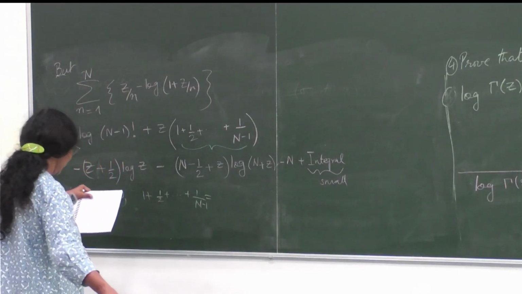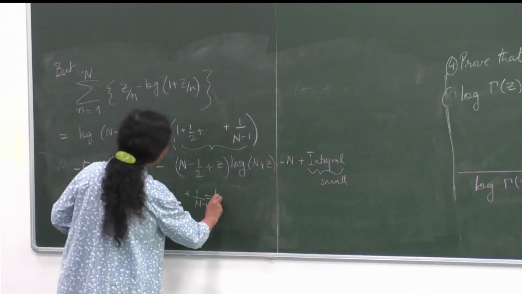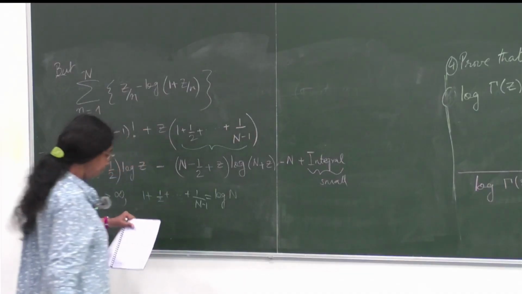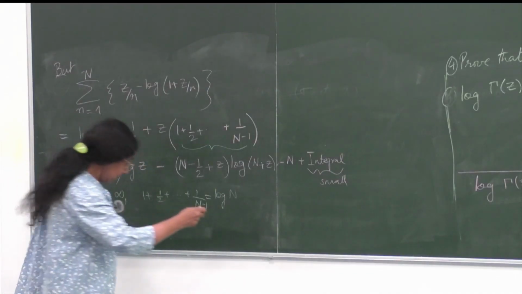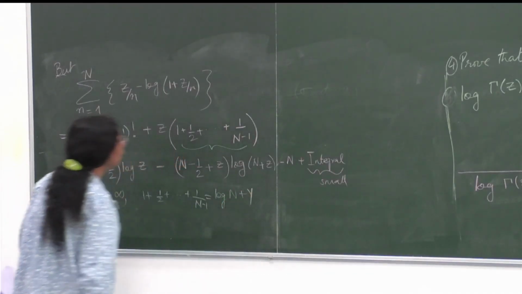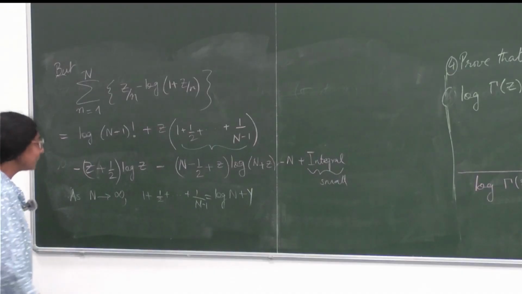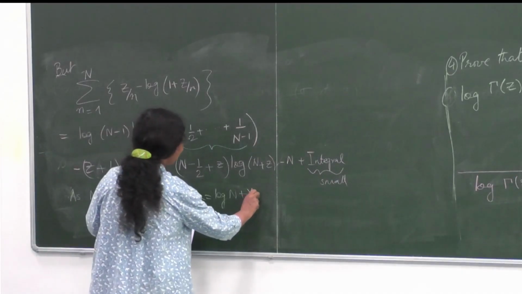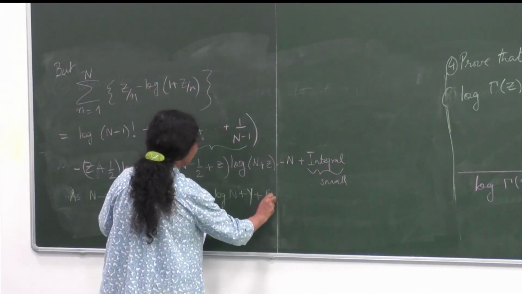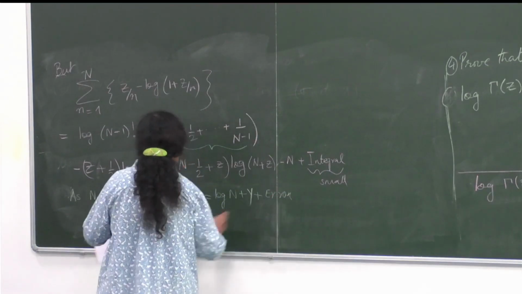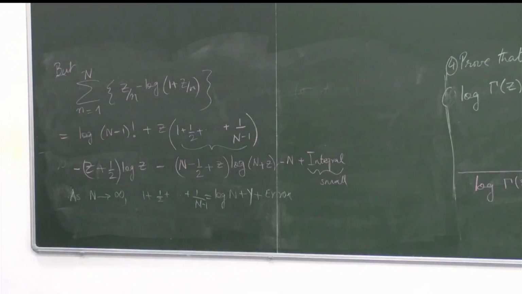This is log of n plus little gamma, the Euler constant, and then plus an error term. This we know.